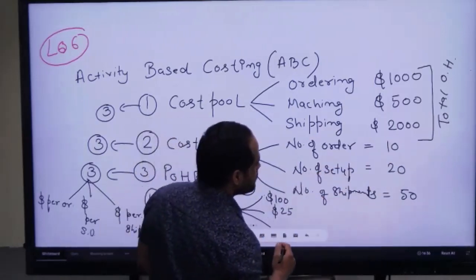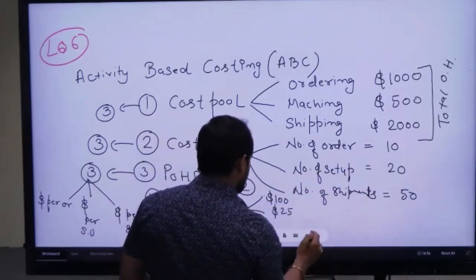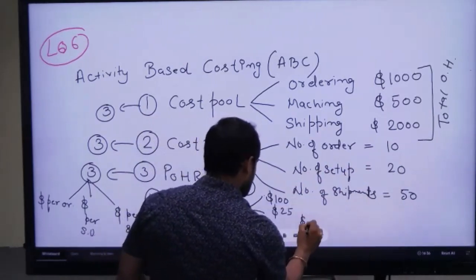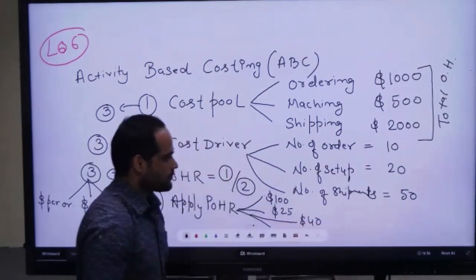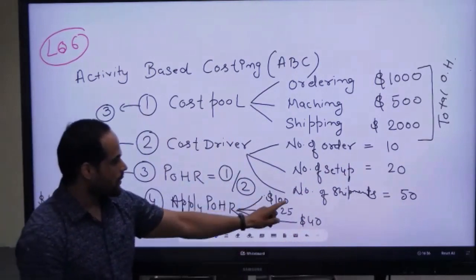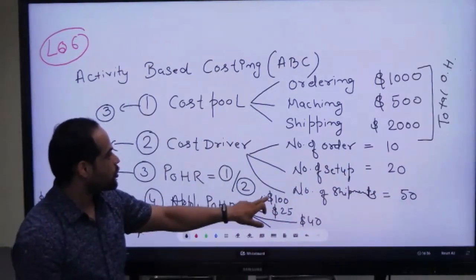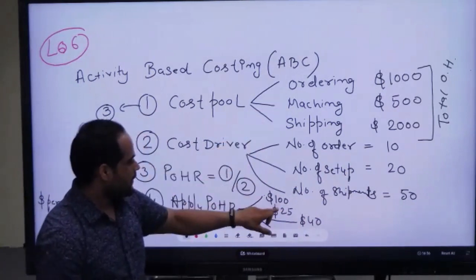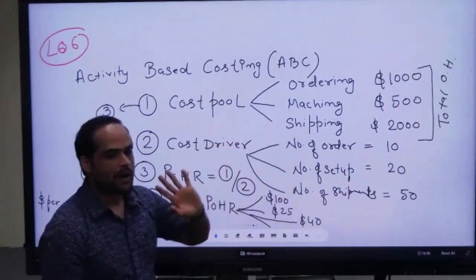So $100 per order, $25 per setup, and $40 per shipping.